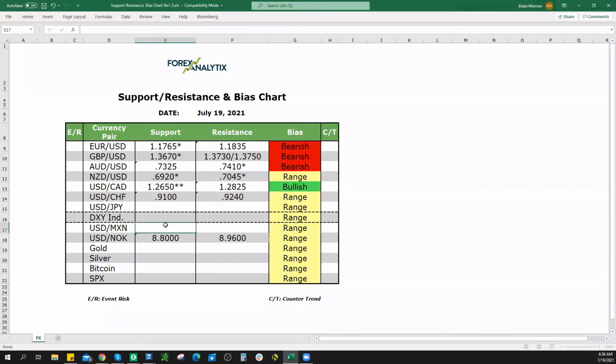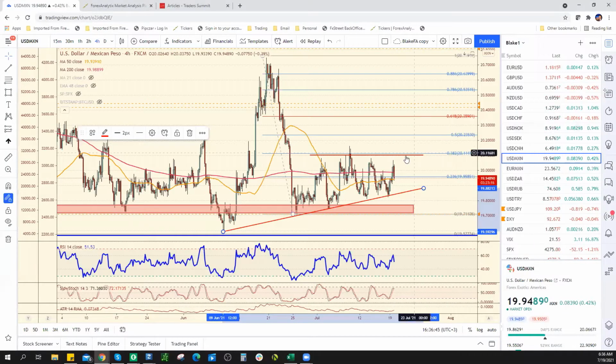That seems like the more logical spot. I know we've been writing down 2010. I'm going to write down 2011 since that's the 38% retracement. Being a little bit more granular with my analysis with the dollar mex, since we're coming so close to that resistance now. It's the 38% retracement there.